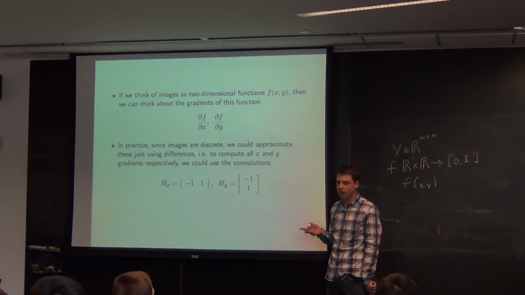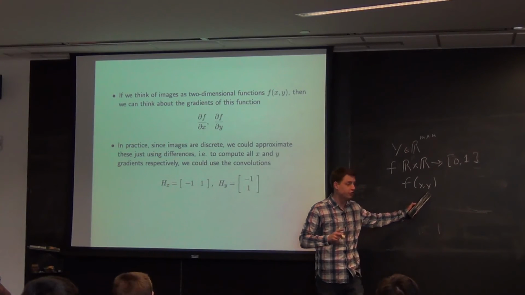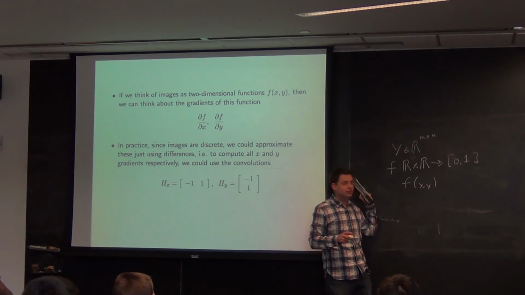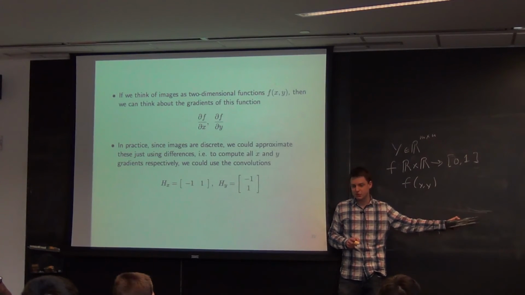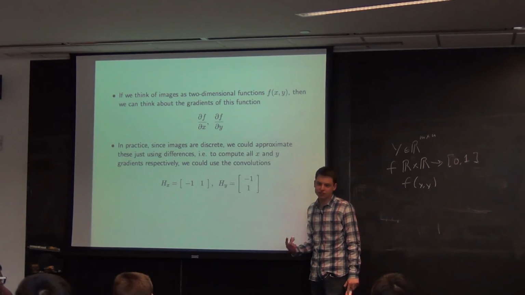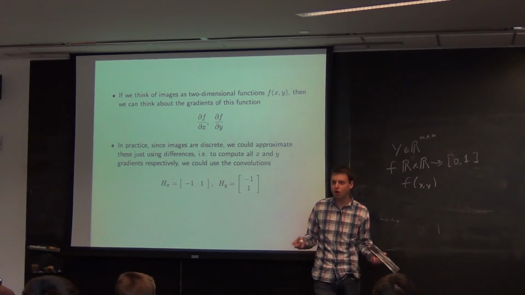That's a little bit odd because we don't actually have the functional form of an image. All we have is it evaluated at essentially the integer values. We don't have it anywhere negative, and if it's bigger than the bounds of the image, we don't have that. But conceptually, you can think of images like functions like this. It's just that we don't observe the whole thing. We only observe a small amount of it.